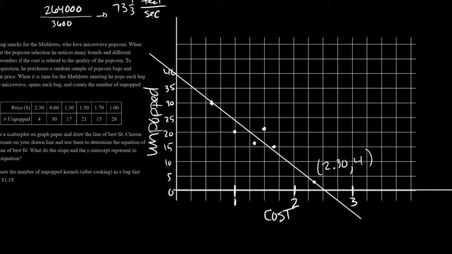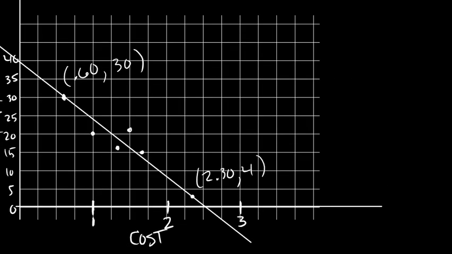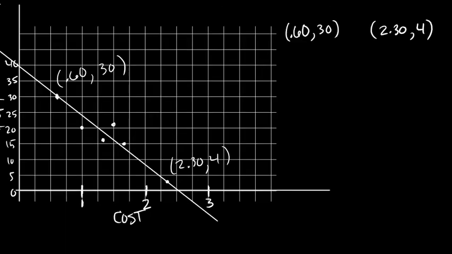This bag cost 60 cents, so 0.60, and it had 30 unpopped kernels. So now that I've identified those 2 points, I'm going to figure out the equation of the line that goes through those points. For convenience, I just transcribed those points over off to the side here. So you can see I've got 60 cents had 30 unpopped kernels, $2.30 had 4 unpopped kernels.